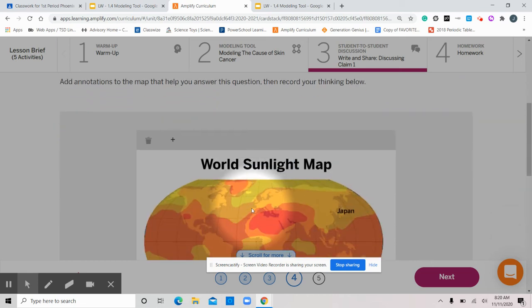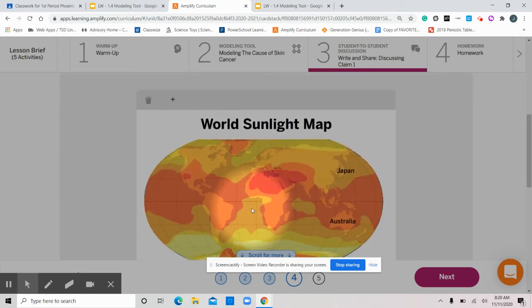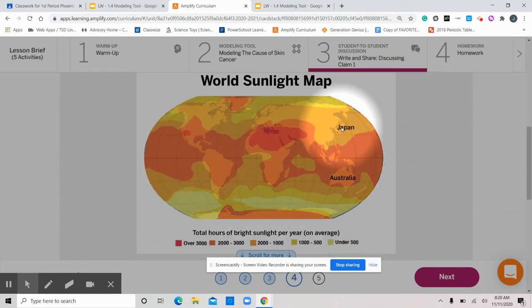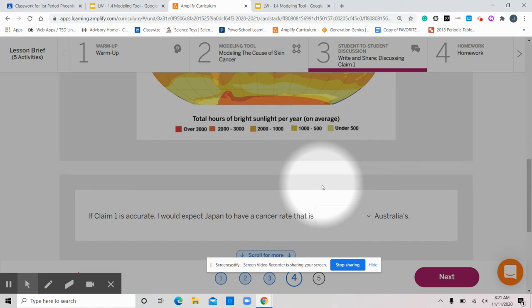So same thing, but now we're going to look at Japan. So Japan is right over here. You see it's got that kind of mustard yellow color. So that gets anywhere from 1,000 to 2,000 hours of sunlight per year compared to Australia's 2 to 3,000, right?